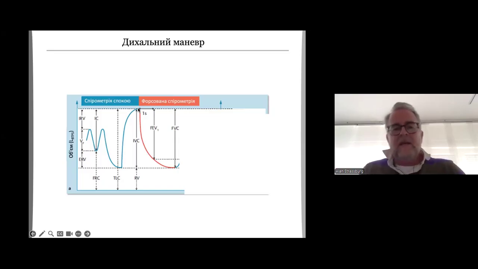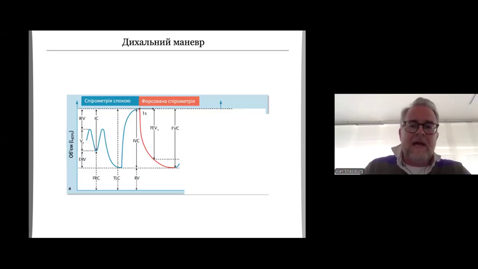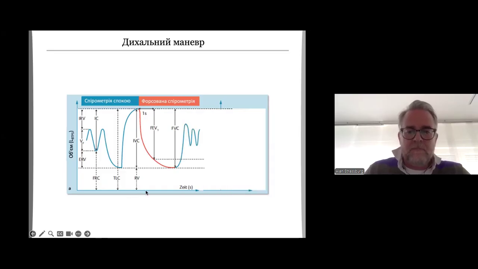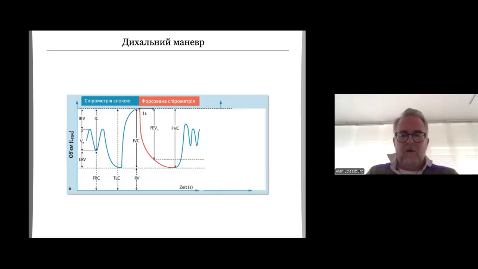And again, as fast and forceful out as possible. And then again, the patient goes into calm, normal breathing without any force. And this lung function test is then, as we saw in the video, performed 3 times in a row.